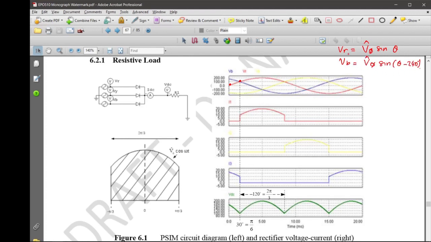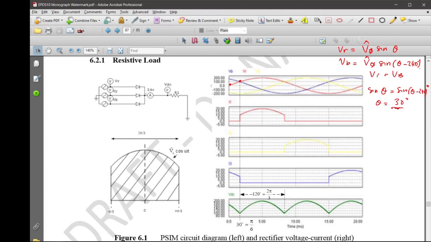So you equate V red equals V blue and solve. Now you have sine theta equals sine of theta minus 240 degree, and you can find that theta equals 30 degree.